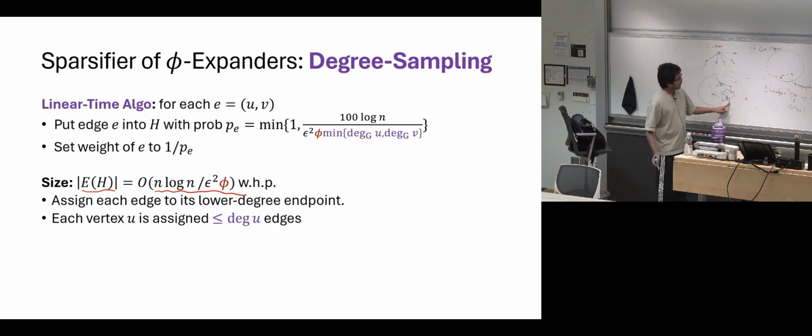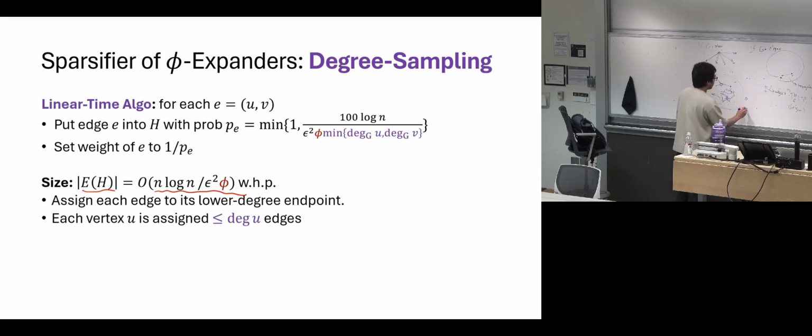Okay. Now for the edges that are assigned to u, what is the sampling probability of these edges? Something like 1 over degree of u, right? Because it's assigned to u, so u is the lower degree endpoint.